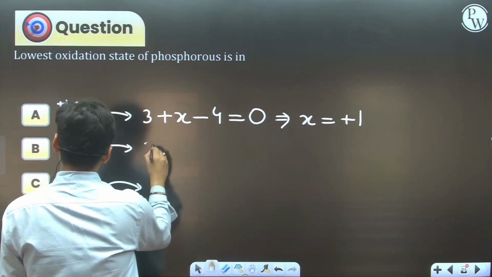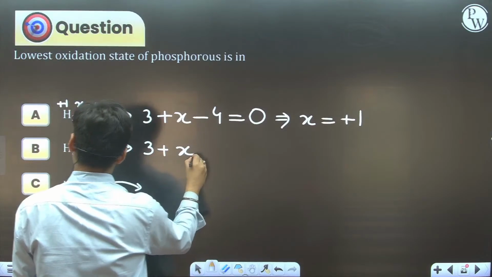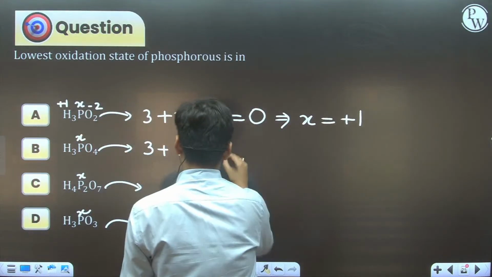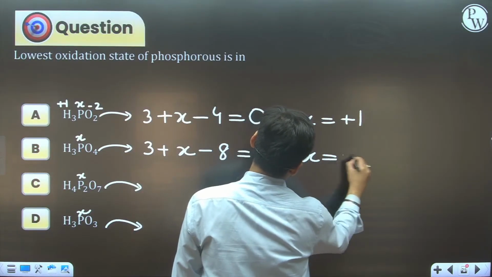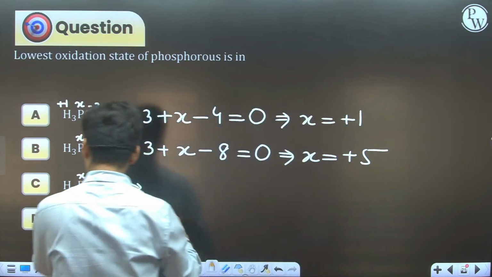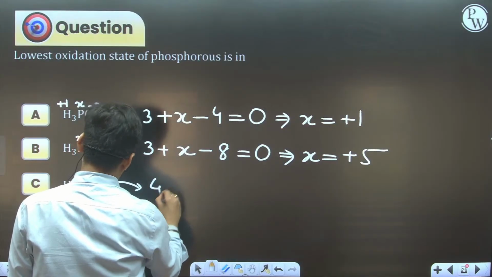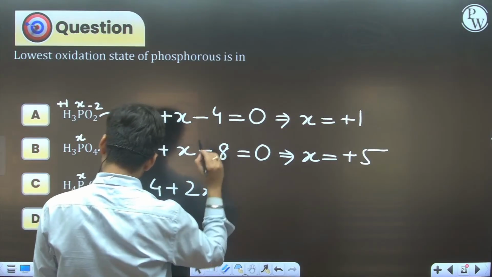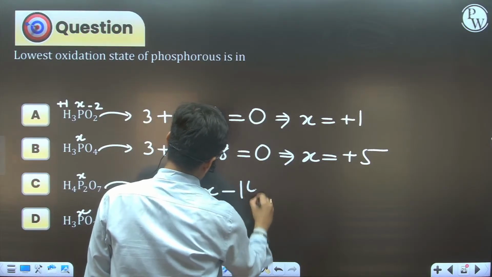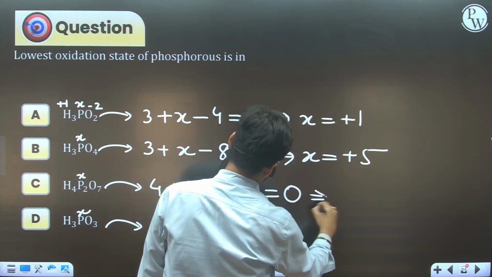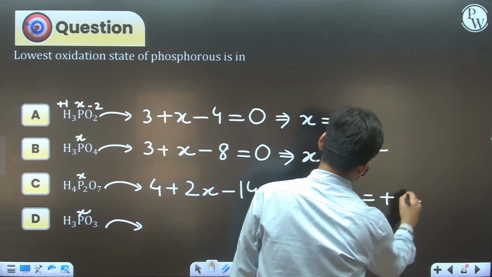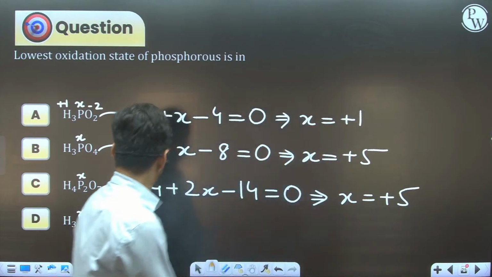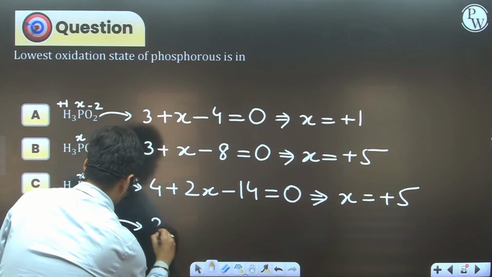Again 3 plus X, 4 into minus 2 is minus 8, is equal to 0. For this, 4 plus 2X minus 14 is equal to 0. And for the last one as well.